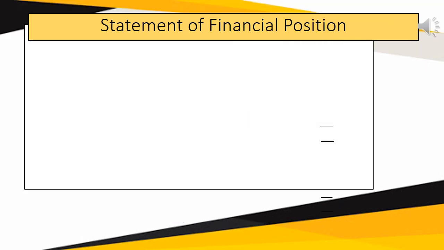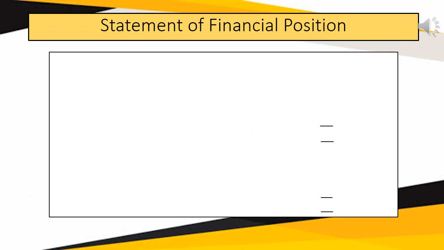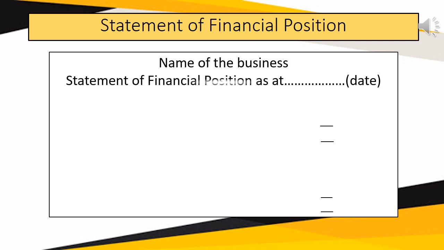Next, we will look at the format of statement of financial position. This is the format of statement of financial position. In this statement, the name of the business must be stated on top of the statement, including the title of the statement. Statement of financial position as at December 31, 2019, for example.